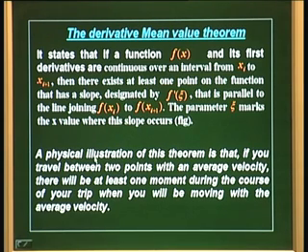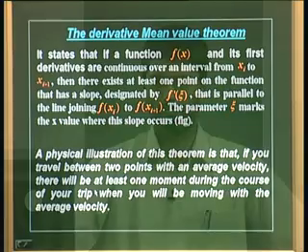Physically, this means that if you travel between 2 points with some velocity, then you can compute the average velocity between these 2 points. Then along that travel, at least at one point you were traveling with that average velocity.